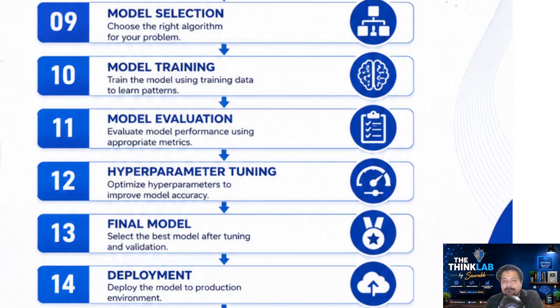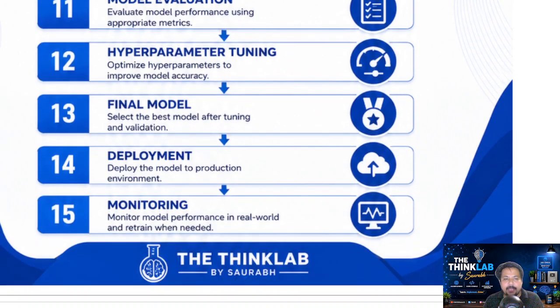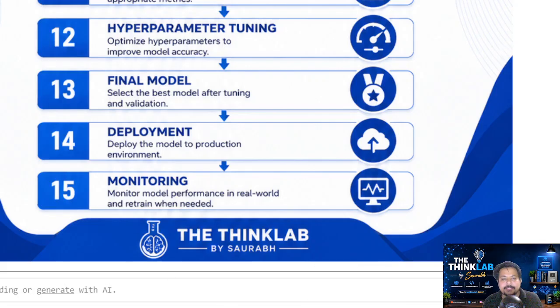And step 14 is deployment, right? Now imagine that our house price model works well. We don't want it to remain inside the Jupyter notebook forever. We want someone to use it.